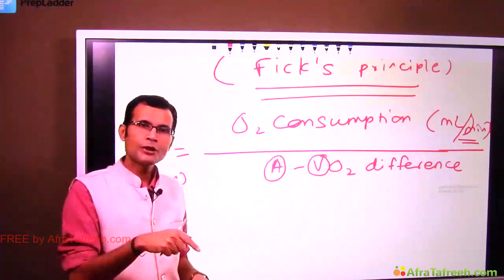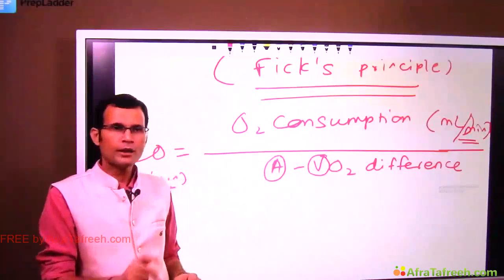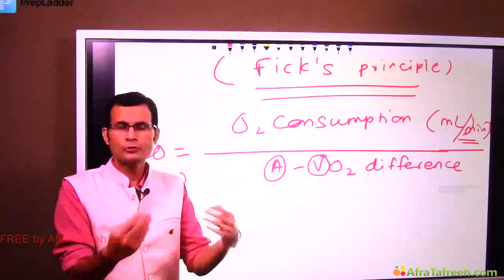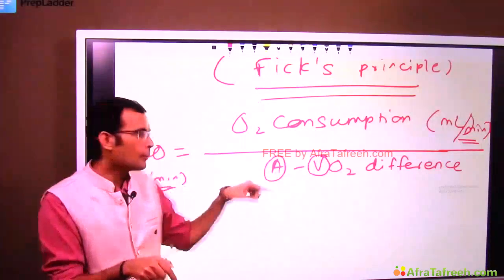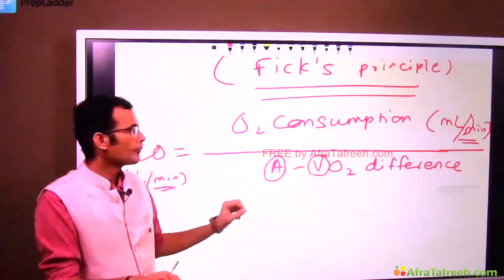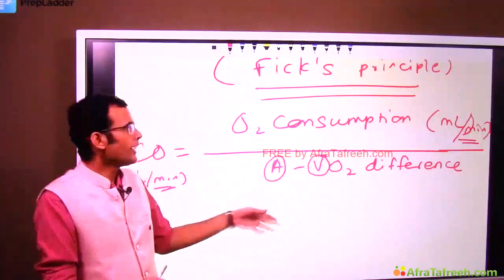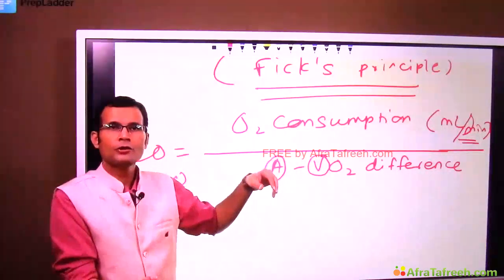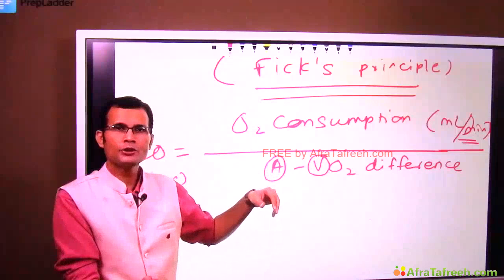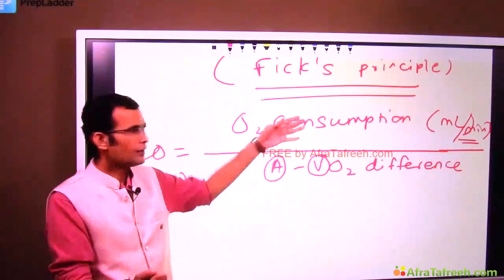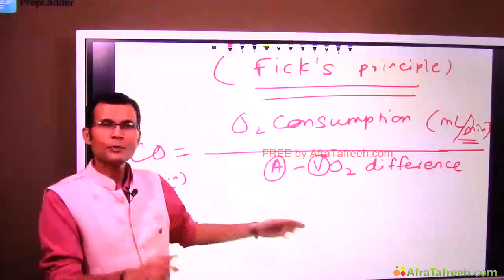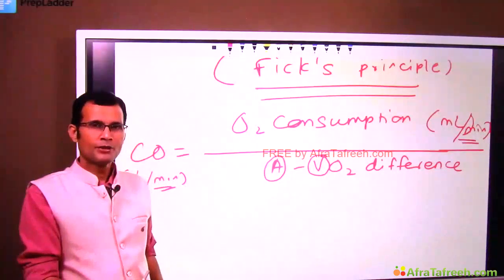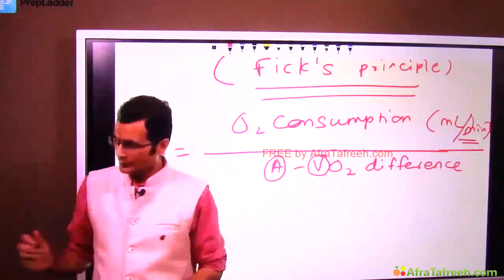So artery going into that organ and vein coming out of that organ. That is what some students think. So whatever is the difference between the two samples, artery and venous sample, that difference will be the same as the oxygen taken out by the tissue, oxygen consumed by the tissue. So that's what the students think. They think that this should be equal to 1. No, that's a faulty thinking.